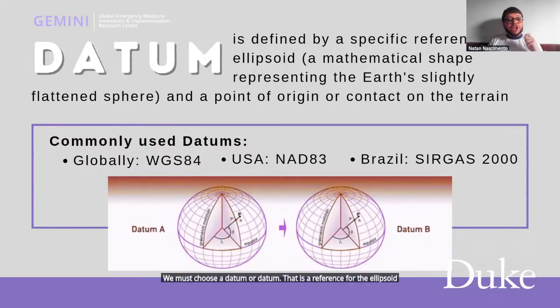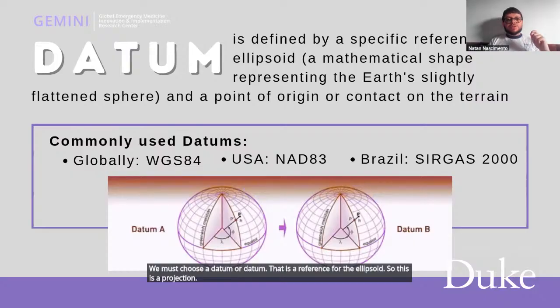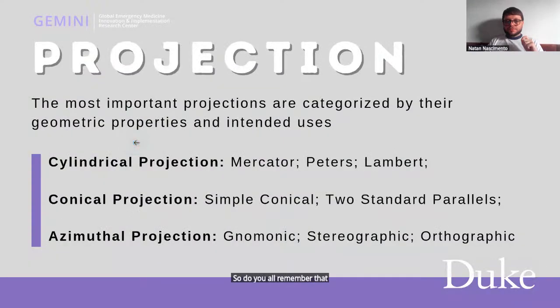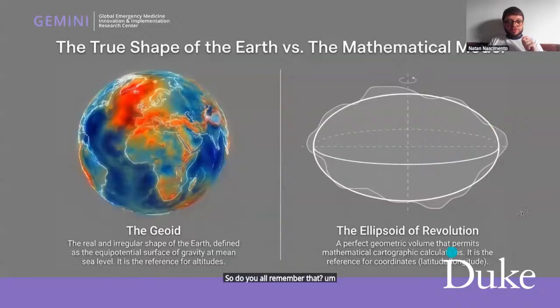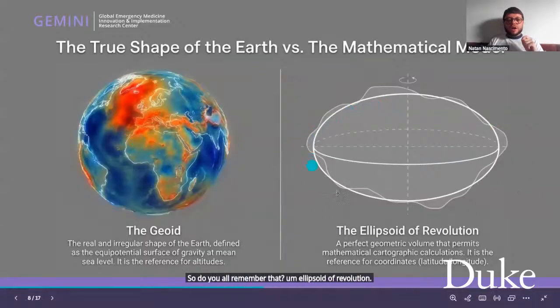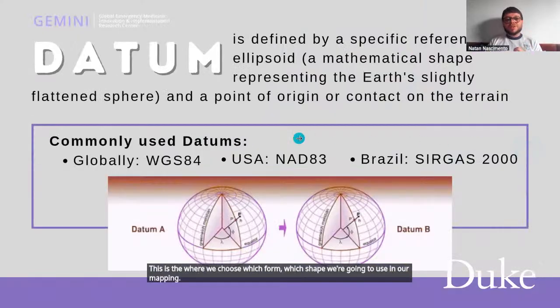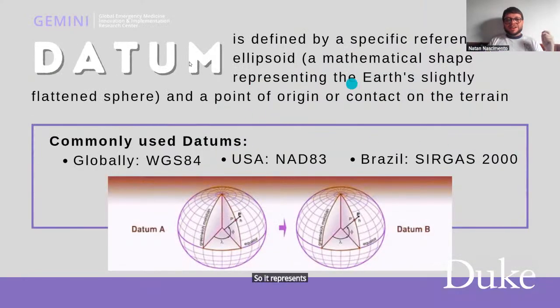So this is a projection. Do you all remember that ellipsoid of revolution? This is where we choose which shape we're going to use in our mapping. It represents the Earth as a slightly flattened sphere.